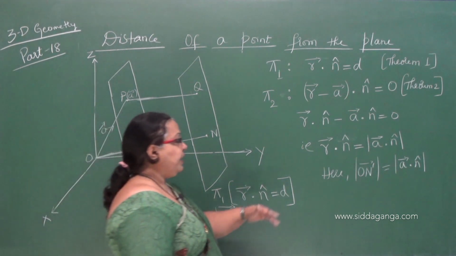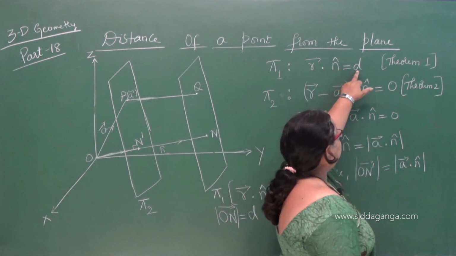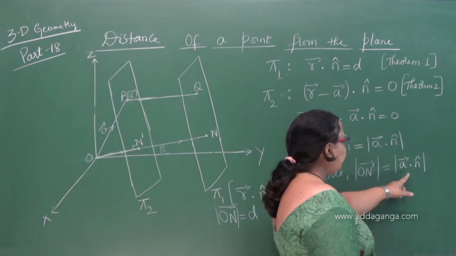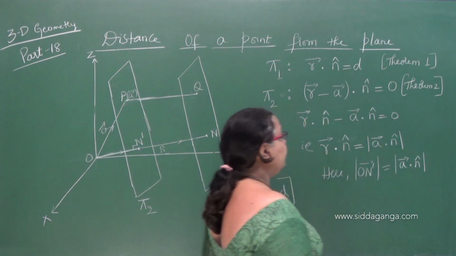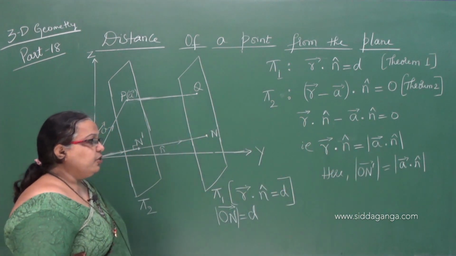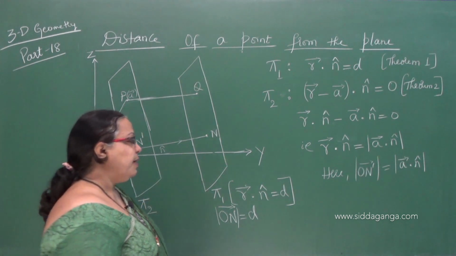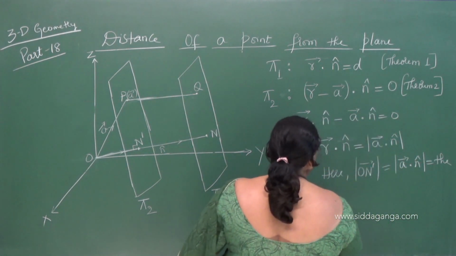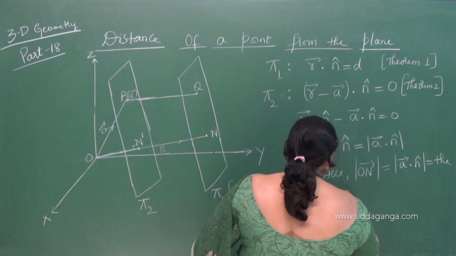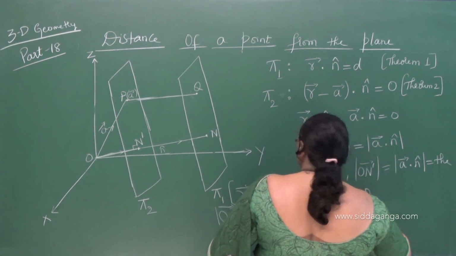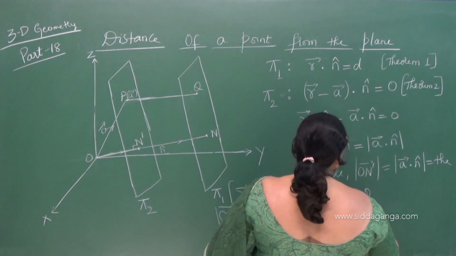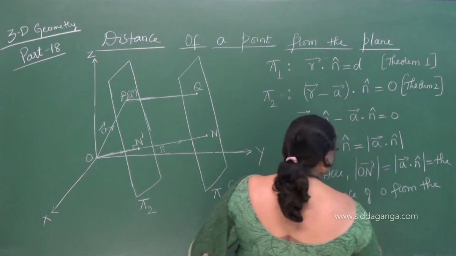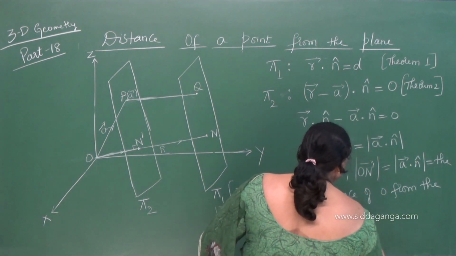See, both are of the same form, so D represents the distance ON. So the distance of ON dash, that is the magnitude of vector A dot n cap, it represents, which is equal to the distance of the origin from the plane pi 2.